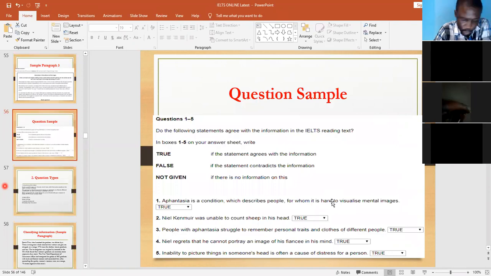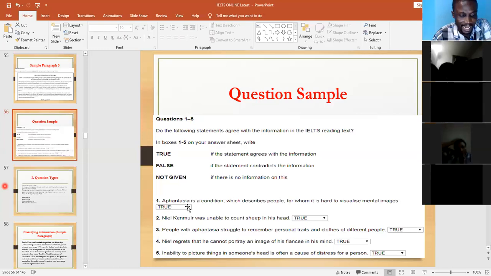Absolutely no. Unable means it is not possible. Hard means it is difficult, but not impossible. So this word hard made the statement false, because the passage did not say it was hard. The passage said it was unable.